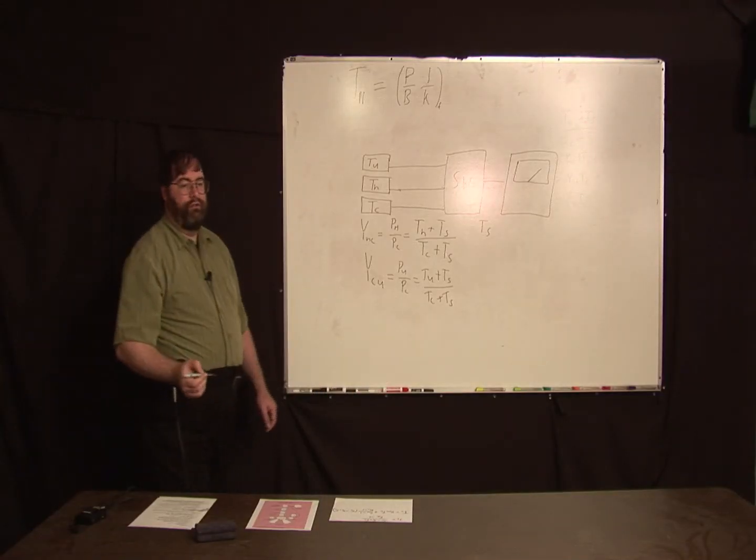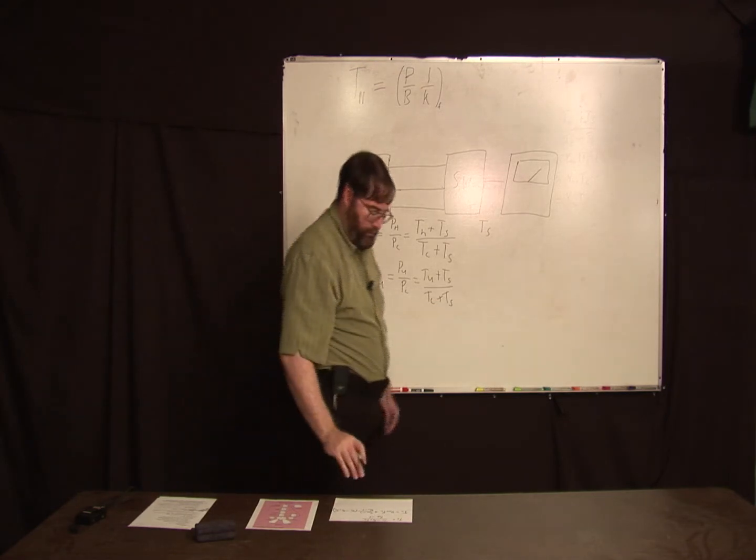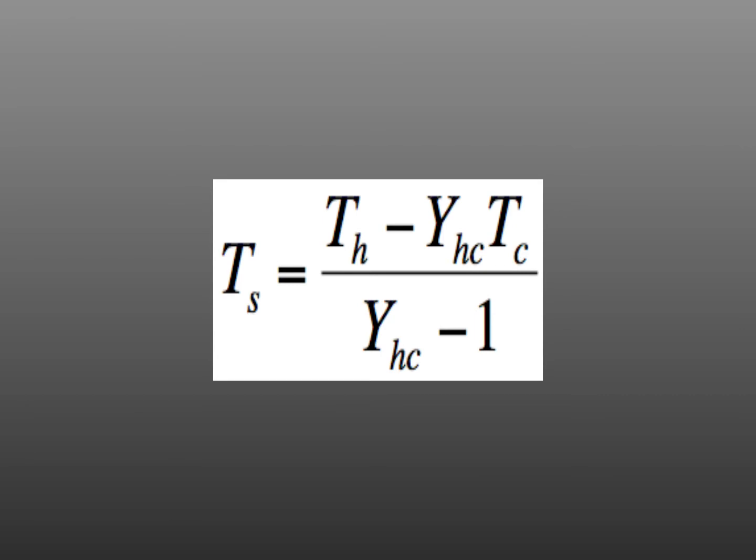From that, you can solve for the system noise temperature. TS equals T hot minus Y hot cold T cold, over Y hot cold minus 1.